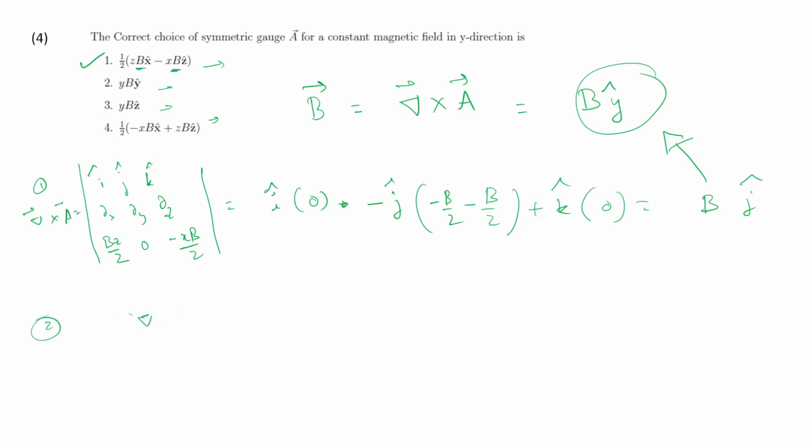For the second option, curl of A is the determinant of i cap, j cap, k cap, dou x, dou y, dou z, and we have only the y cap component, which is yb, and the others are 0. Taking the determinant, for i cap the partial derivative of yb with respect to z is 0, minus j cap also comes out to be 0, plus k cap again comes out to be 0.